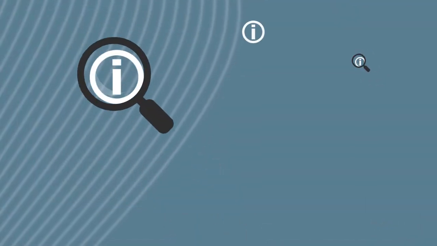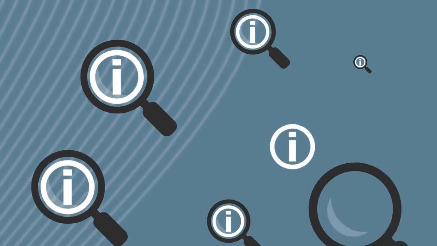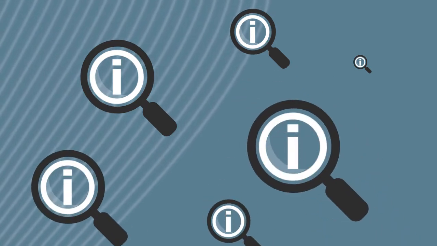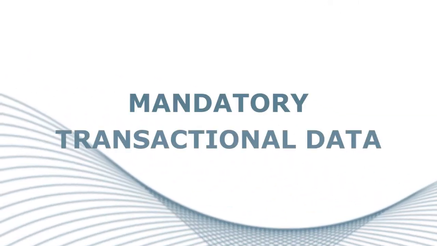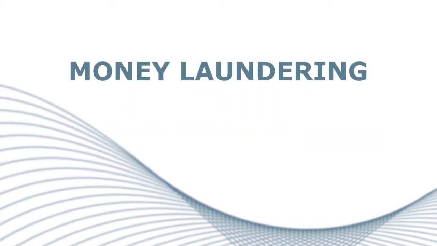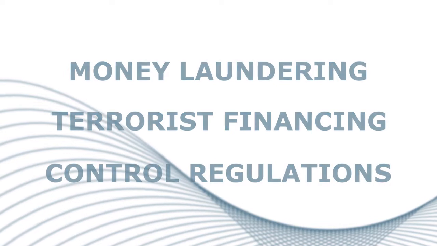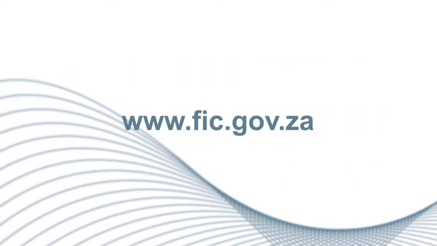The information obtained from the CTR and CTRA may be used in the fight against crime. For more information on the mandatory information, including transactional data required when submitting a report, review the Money Laundering and Terrorist Financing Control regulations available on the FIC website.